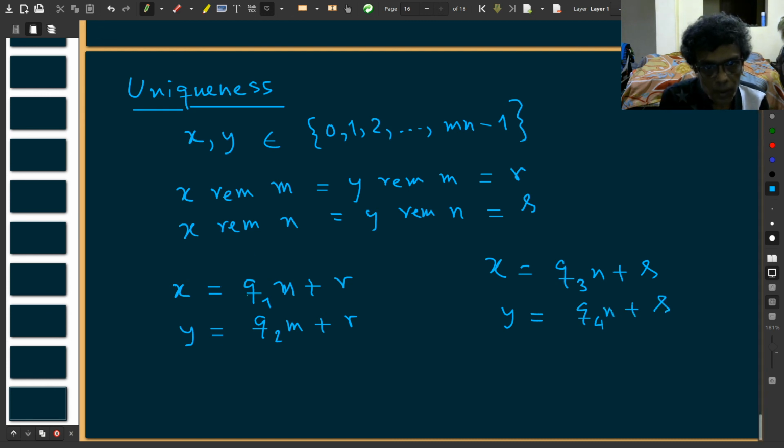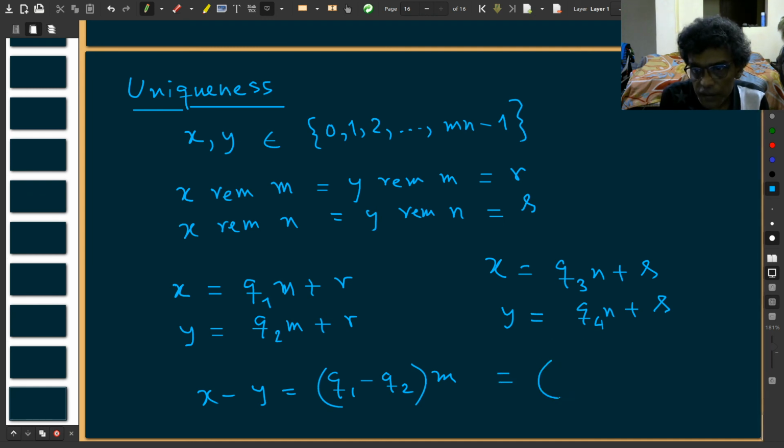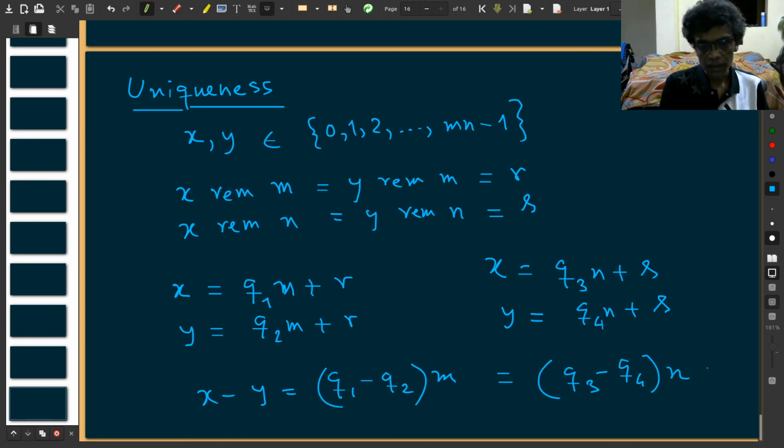Okay. Again subtract. You see that x minus y, from this side it is this, from this side it is q3 minus q4 times n.